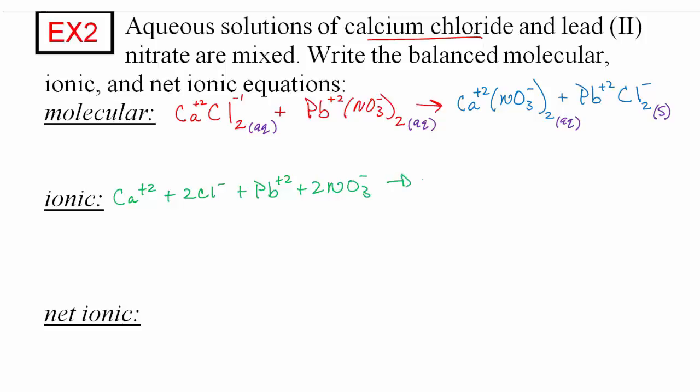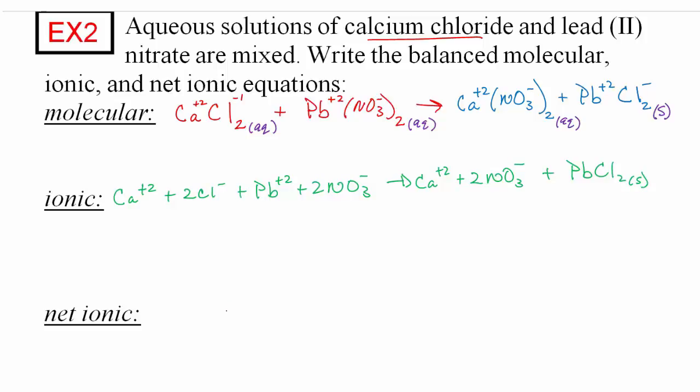On the product side, I'm going to have a calcium ion, 2 nitrates, and then my lead 2 chloride does not have AQ on it, so I have to write solid.